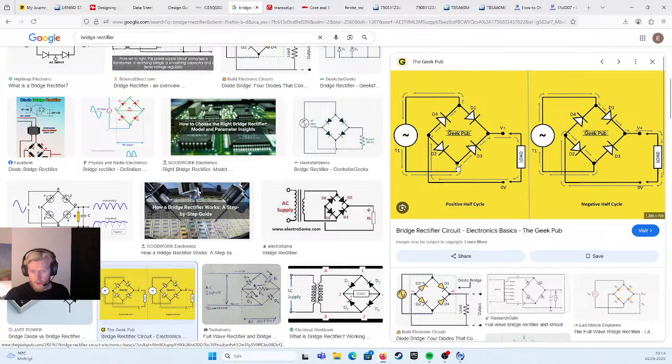But this way, going through the diode, through the load, and back to the source. And then the negative half cycle, the current flows in this direction, across the diode, goes out through the load, and back again.